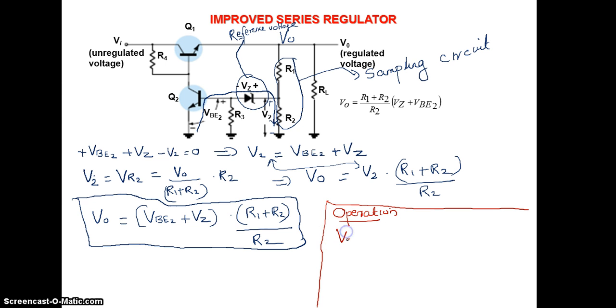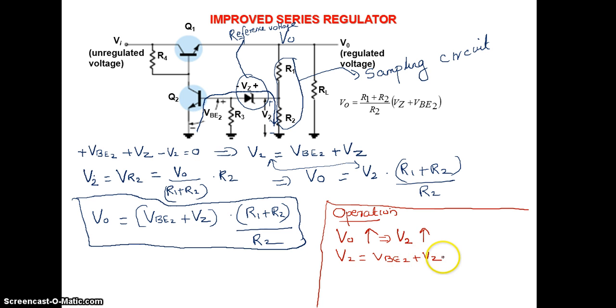If the output voltage tries to increase, when output voltage increases, you know the expression for output voltage, but when VO increases, your VR2, the voltage across R2, also will increase. So VO increases, that implies that V2 increases. You know the expression for V2: V2 is equal to VBE2 plus VZ.